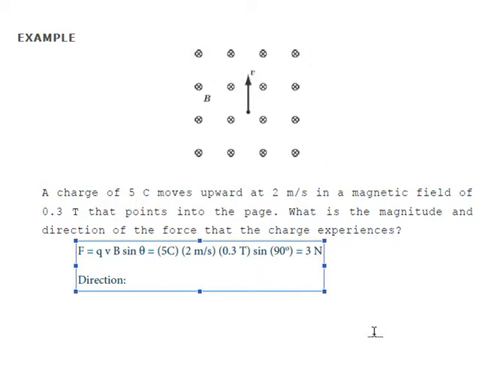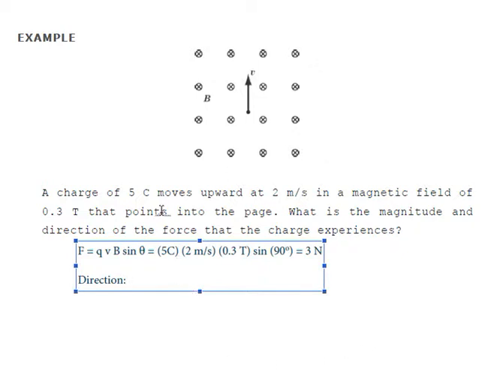So take your middle finger, make sure you keep your index finger pointing up with V. Your middle finger points into your computer screen or into the paper that you're writing on, so it goes with the magnetic field. Then, if you have your thumb sticking out like you're giving someone a thumbs up, you can see that it should be pointing off to the left side of the page.